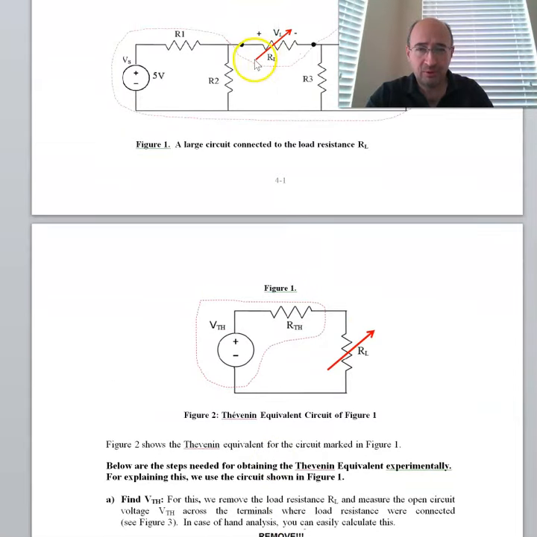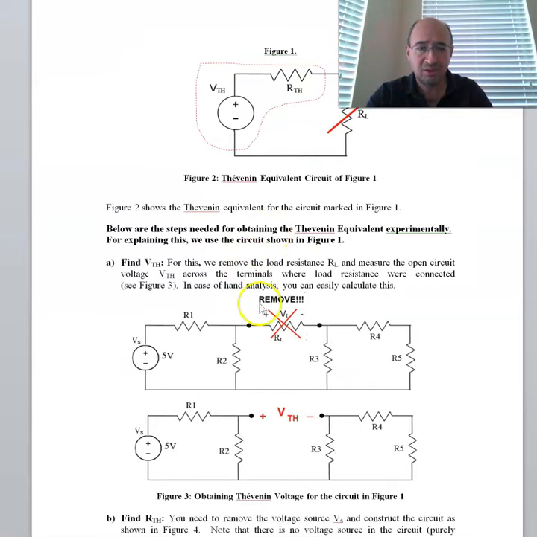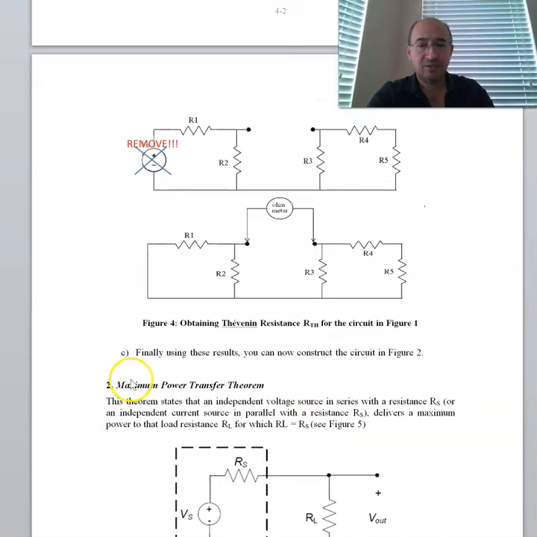In order to get the Thevenin equivalent, first of all, you need to remove the load, and the first thing you would do is to calculate the open circuit voltage. So when you remove this one, basically you're looking to calculate the open circuit voltage called VThevenin. And the next thing you would do is to calculate the RThevenin seen by these terminals.